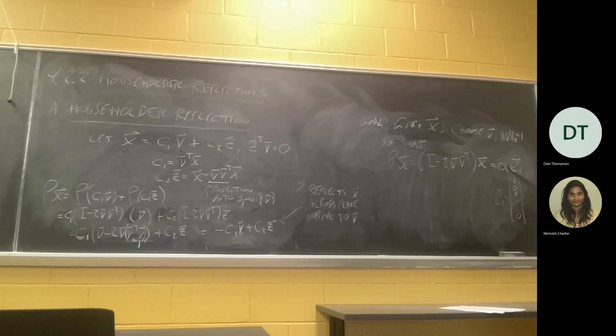So if you think of x as representing the first column of a matrix you want to reduce to upper triangular form, you want to zero everything below the diagonal. This Householder reflection, if we choose v right, can do that all in one fell swoop. And bam, first column's done.